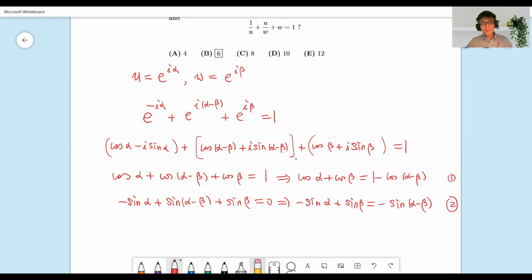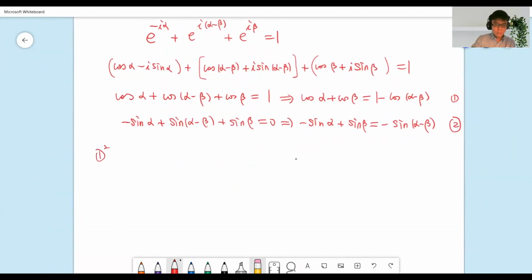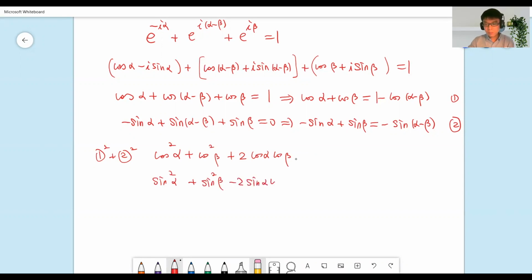Now we can square both terms and then sum them up. So 1 squared plus 2 squared. On the left hand side, I have two pairs, sine squared plus cosine squared, and the multiplication terms. So cosine alpha squared, cosine beta squared, plus twice cosine alpha cosine beta, and sine alpha squared, sine beta squared, minus twice sine alpha sine beta.